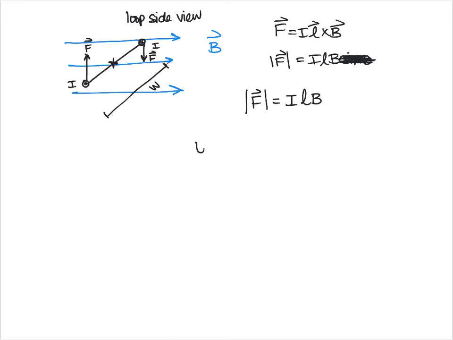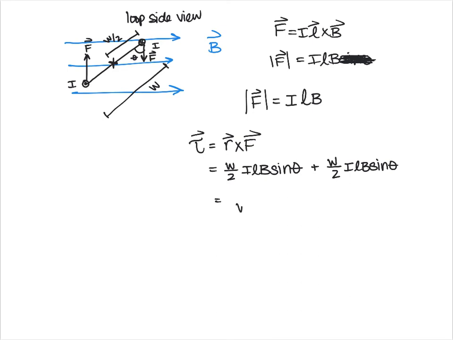Now, when I want to find the torque, remember it's R cross F. Our radius vector for each piece is the distance from here to here, which is W over 2. Then our force is equal to ILB, and the angle between these two we're going to call theta, so that's the sine of theta. But I have two of those forces, one on the right-hand side and one on the left-hand side, and they're both the same strength.